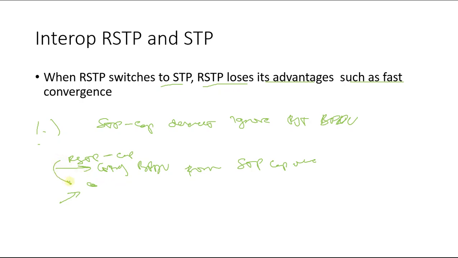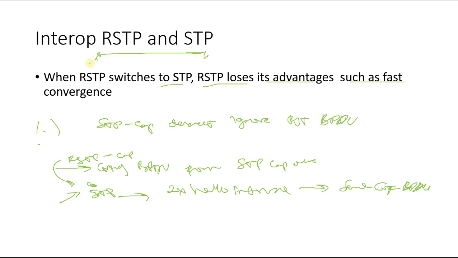From RSTP it becomes STP mode after 2 hello intervals, and starts to send the configuration BPDU. In this manner, RSTP and STP can interoperate. After the STP capable device is removed, Huawei or other switches such as Cisco RSTP capable devices can switch back to RSTP mode.